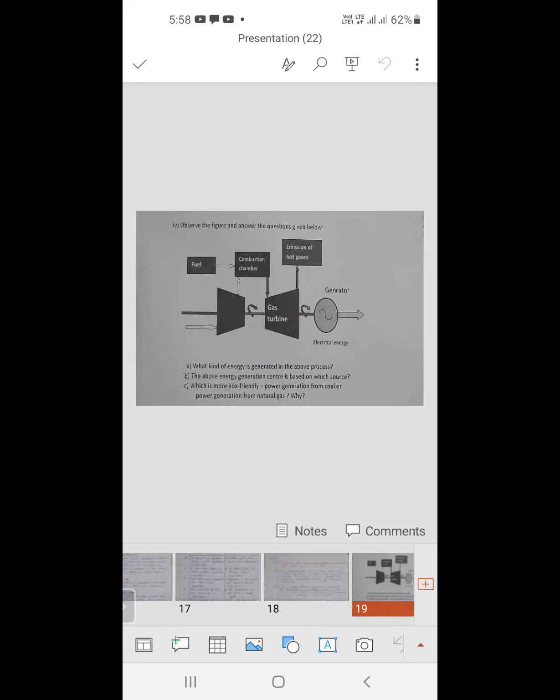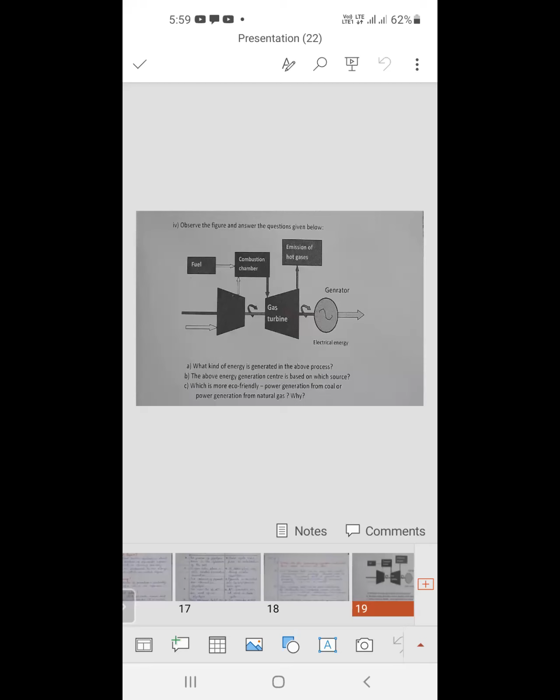Our next question. Observe the figure and answer the questions given below. You have to observe the figure carefully and write the answer to the questions. What kind of energy is generated in the above process?